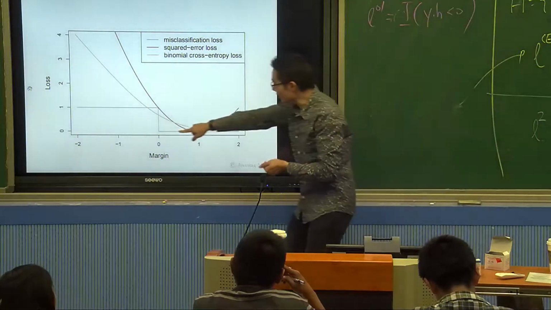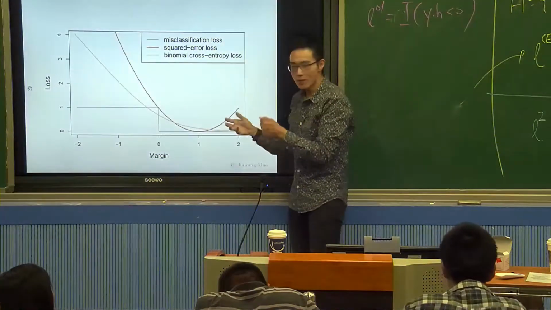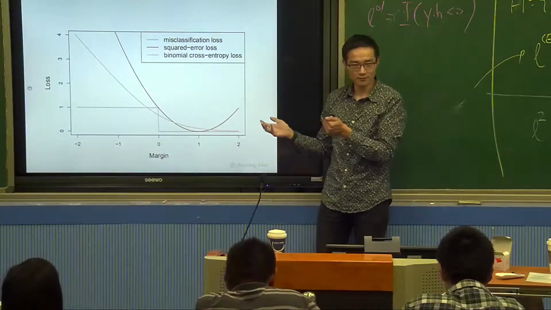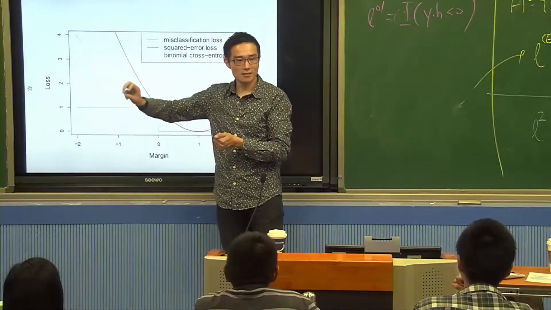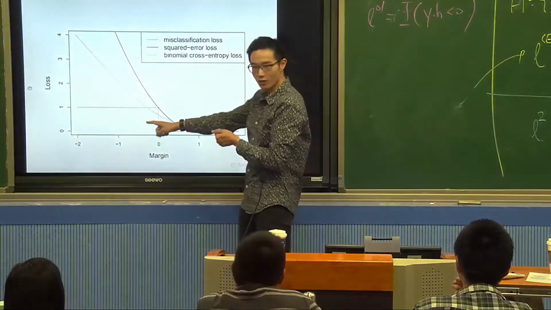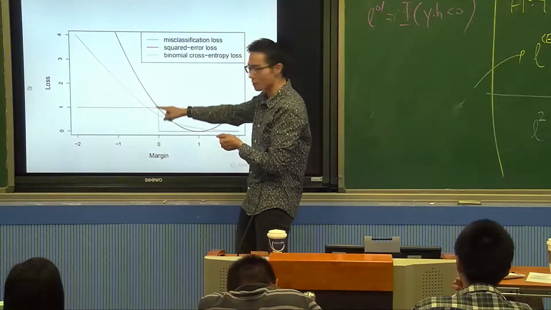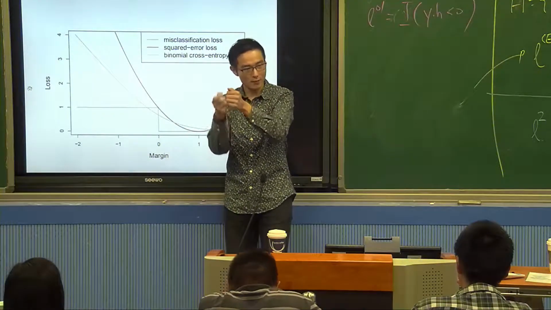But let's look at this gray line, which is the 0-1 loss. Can you minimize this loss function? Can you find a beta to minimize this? Extremely hard to do. Why? First of all, it is discontinuous here, and any function that is discontinuous is hard to minimize at this point.